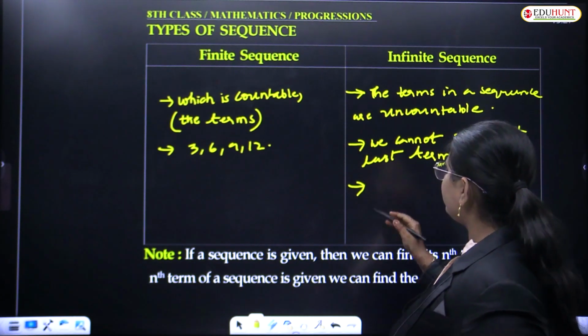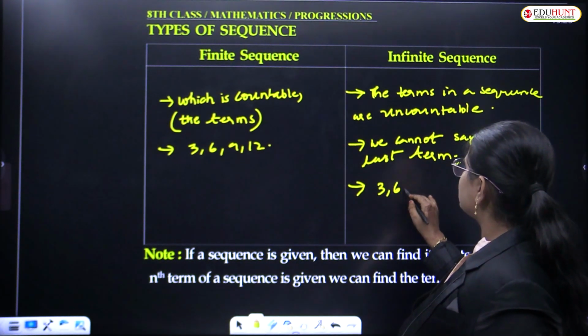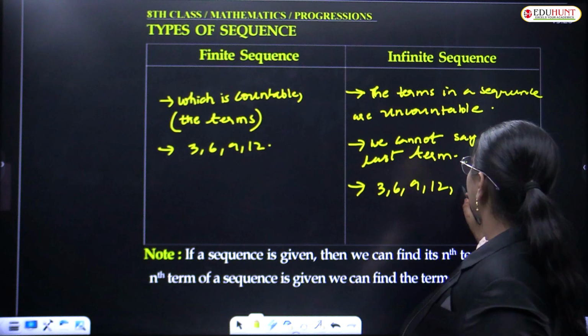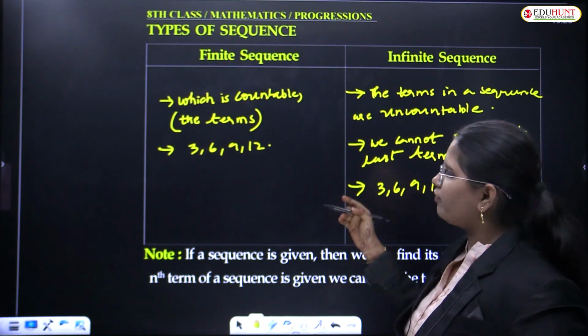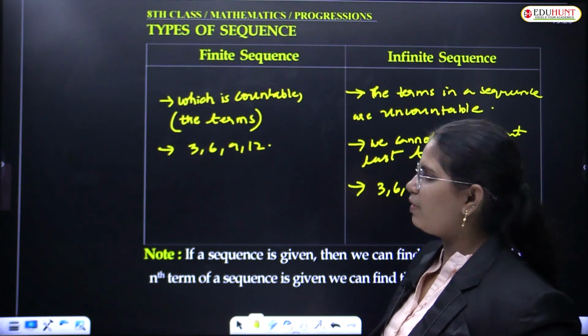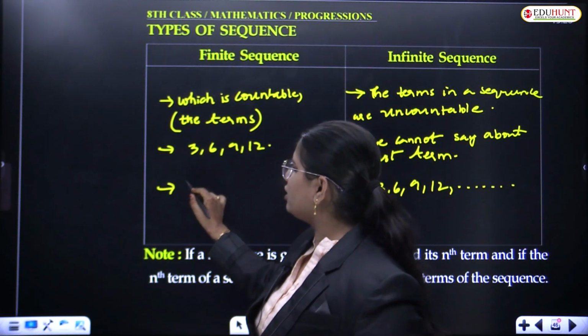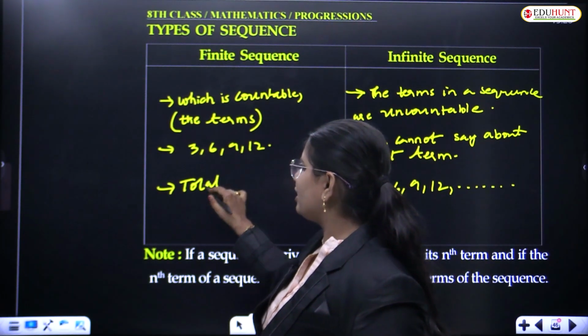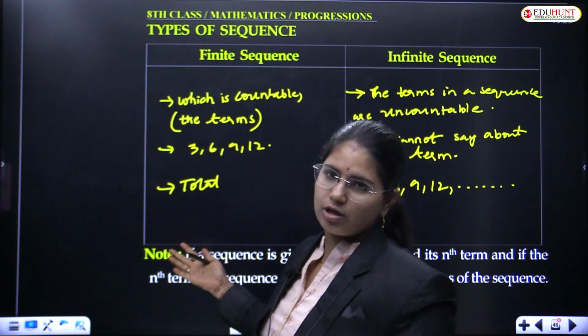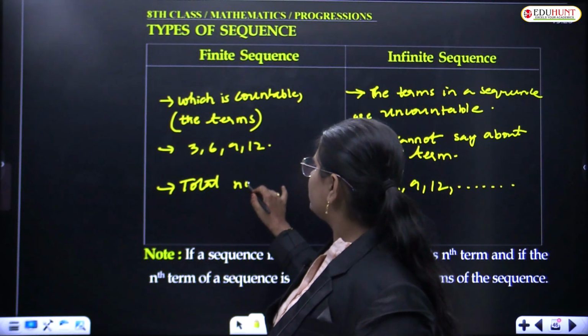It can be 3, 6, 9, 12 and so on. You will not find the last term. In a finite sequence you can find the total number of terms, if I ask how many terms exist, you can say the total number.